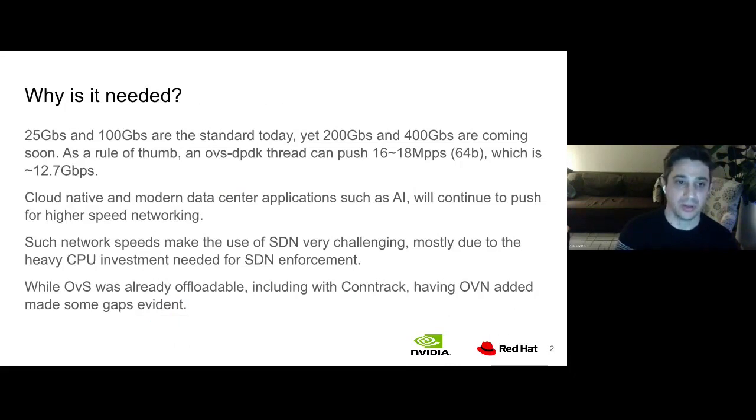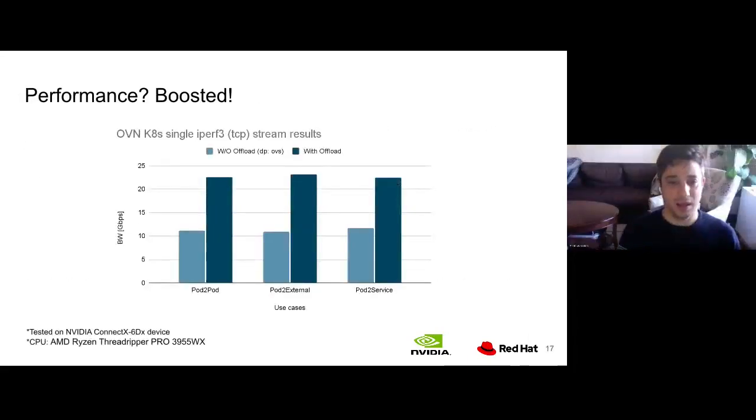And in addition, we also see more and more new networking features in the field of security, quality of service, and more. As they are introduced, it creates more and more complex packet forwarding paths, and the SDN enforcement by the CPU becomes more and more heavy.